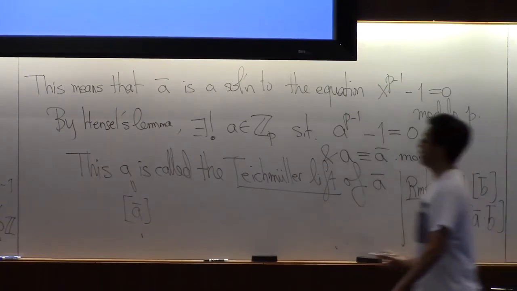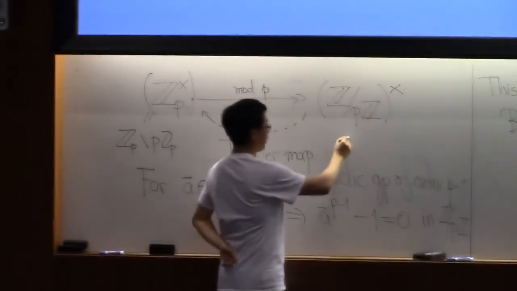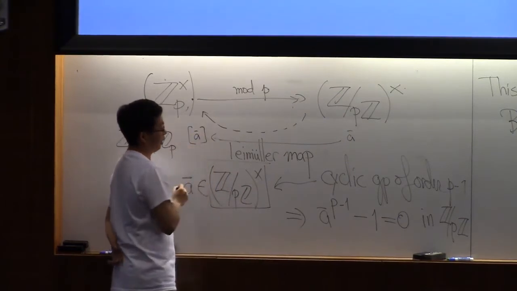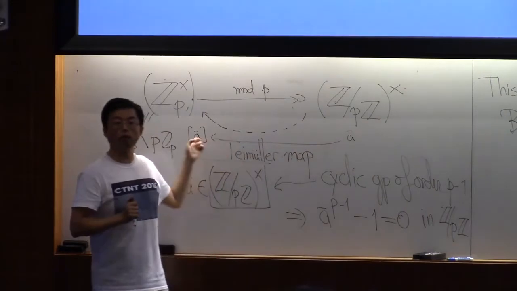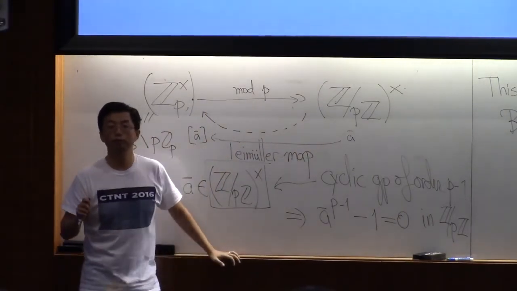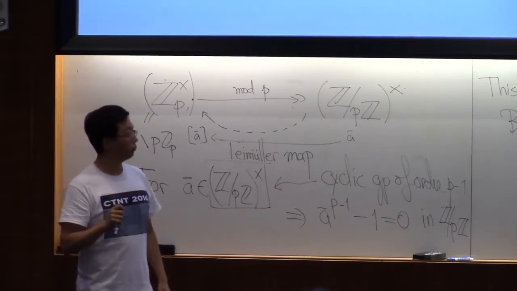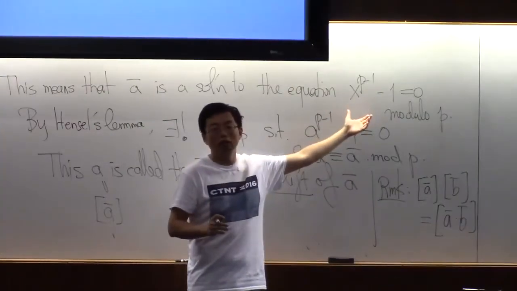So what we're proving here is that we have a section of this map sending any a bar to its Teichmüller lift. And it's not just any sort of map, it's also a group homomorphism. Same equation: if x satisfies this equation and y satisfies this equation, then x times y also satisfies this equation.